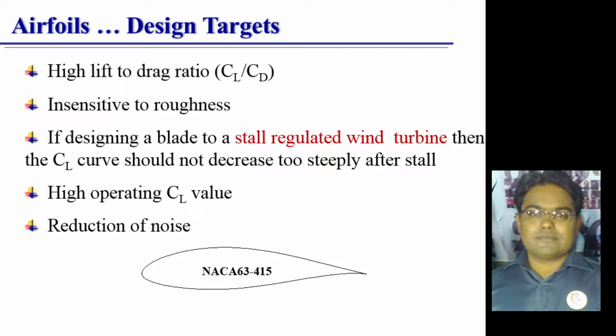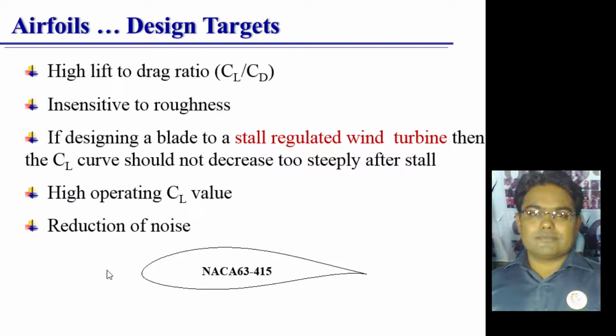Second, also very important, the generation of lift should be insensitive to roughness on the surface. If designing a blade for a stall regulated wind turbine, then the CL curve should not decrease too steeply after stalling, so that you can have a high CL.